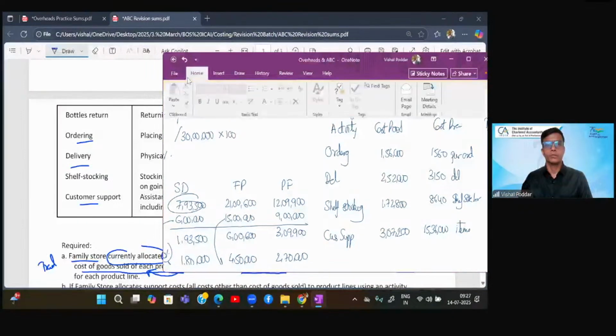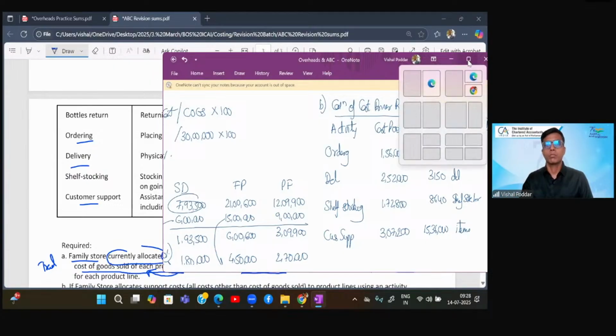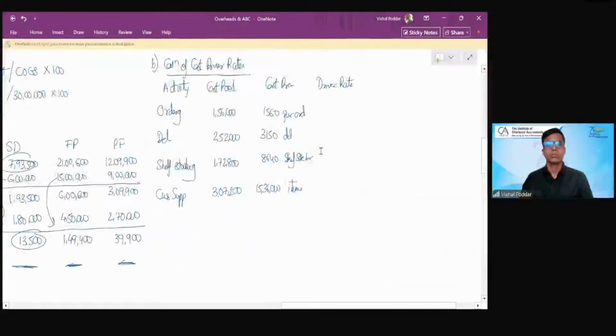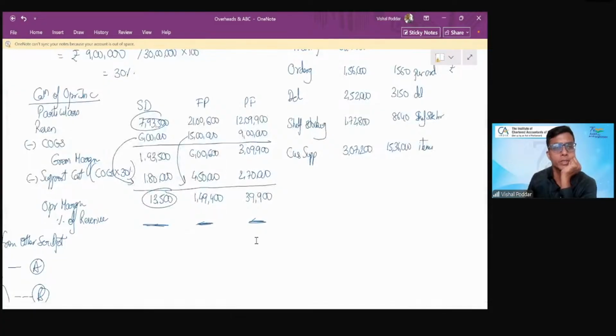Tell me. Sir, in ABC costing, I've seen some questions where they ask for break-even point. Usually for calculation of break-even point we use total fixed cost upon contribution per unit or PV ratio. But PV ratio is not available. It is available. See, what is this gross margin? No sir, not in this question, but a question I am referring to. Then you have to give me the question.